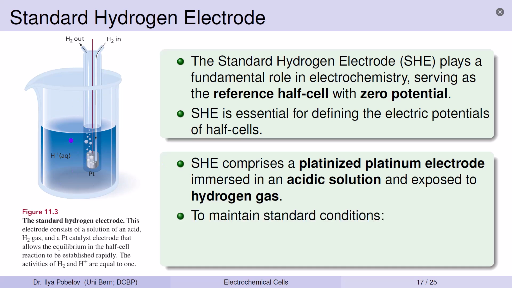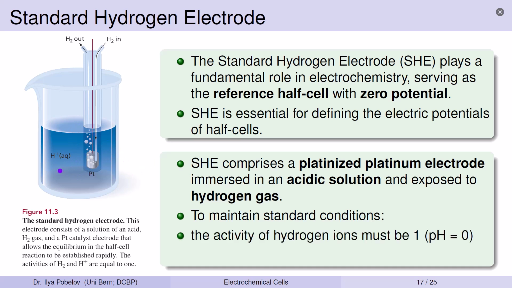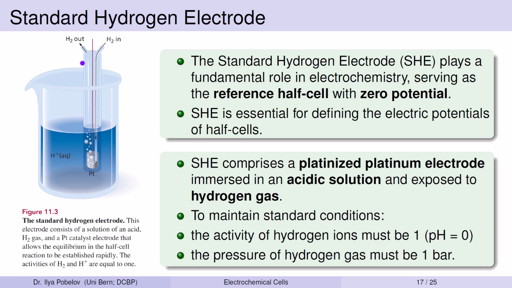To maintain standard conditions, the activity of hydrogen ions must be 1, which is equivalent to pH equal 0, and the pressure of hydrogen gas must be 1 bar.